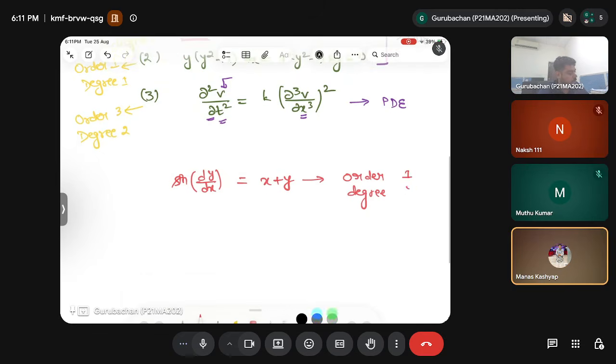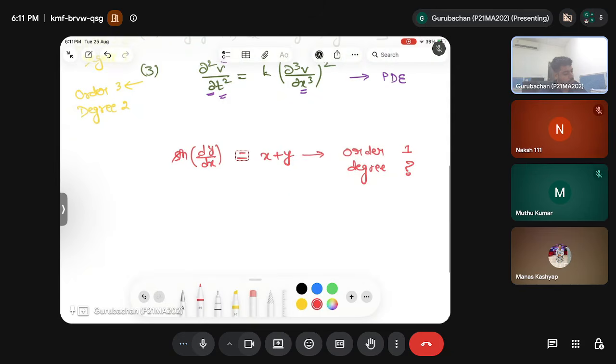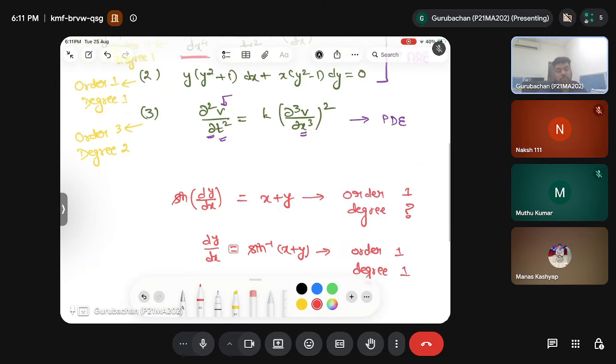What if I say sine inverse? Then we can say it is 1. Because if you recall the expansion of sin x, it goes to infinity, so you cannot comment about degree in this scenario.